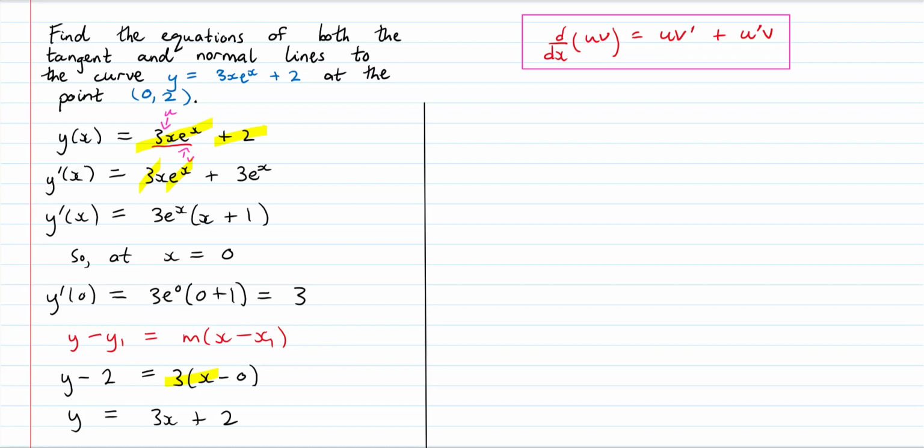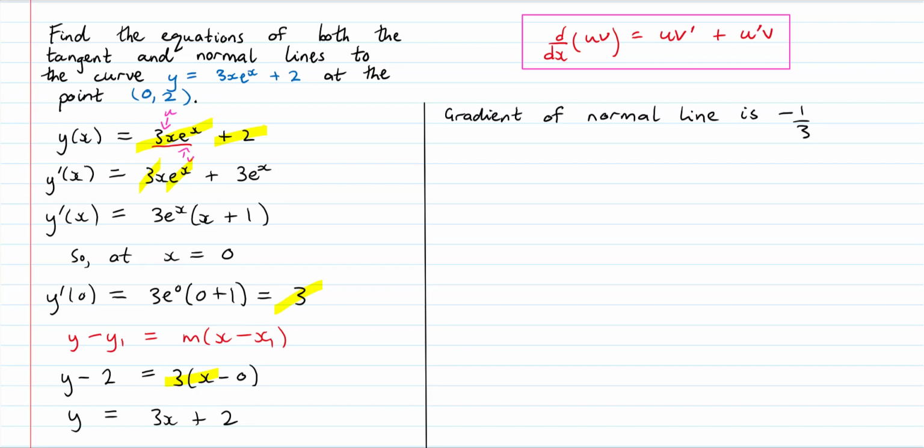Now we'll find the equation of the normal line at the point 0, 2. We know that the gradient of the tangent line is 3 at the point 0, 2. The normal line is perpendicular to the tangent line, so the gradient of the normal line is going to be the negative reciprocal of the gradient of the tangent line. Therefore the gradient of the normal line is negative 1 over 3.